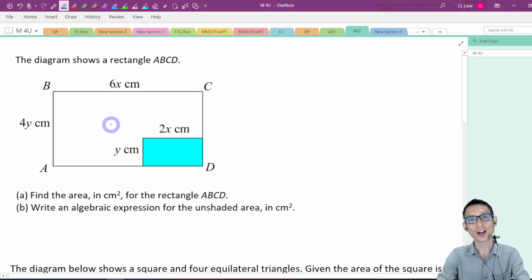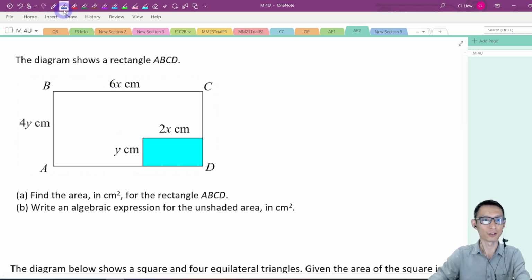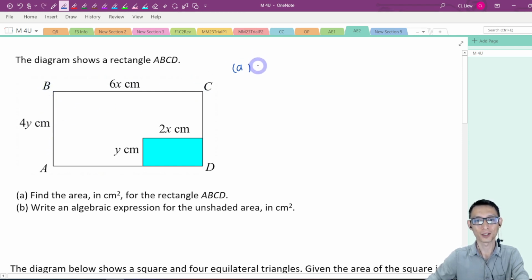So how do we find the area of a rectangle? I think it should be no problem, right? We take the length times the width. Now, when you refer to this diagram, you know that the length of this rectangle is 6x centimeters and the width of this rectangle is 4y centimeters.